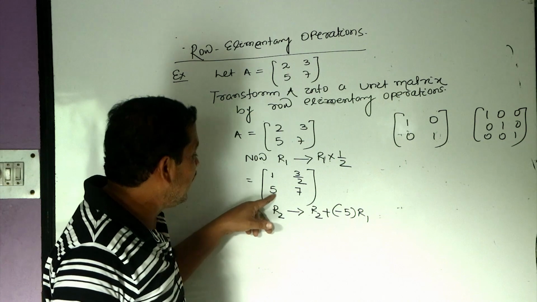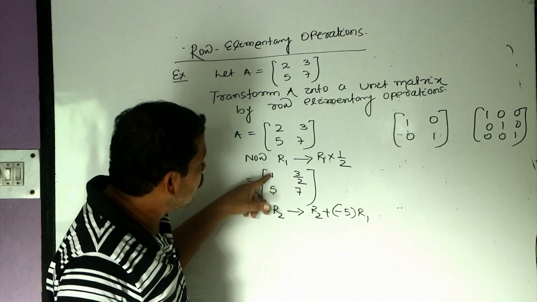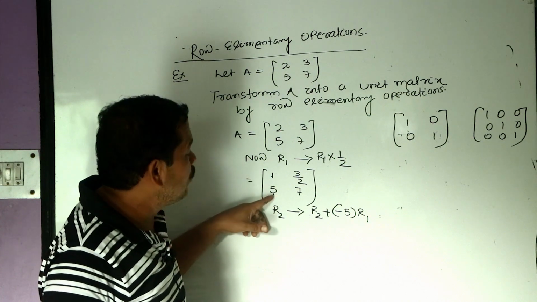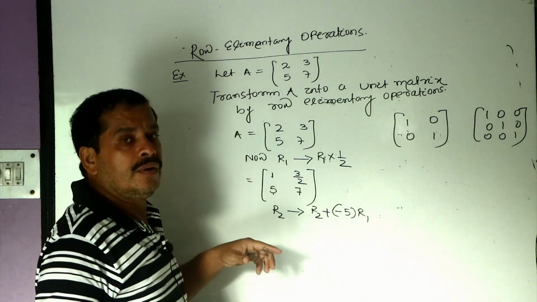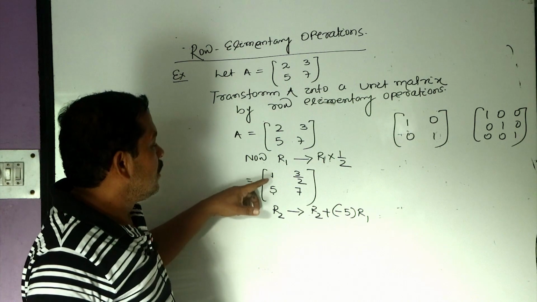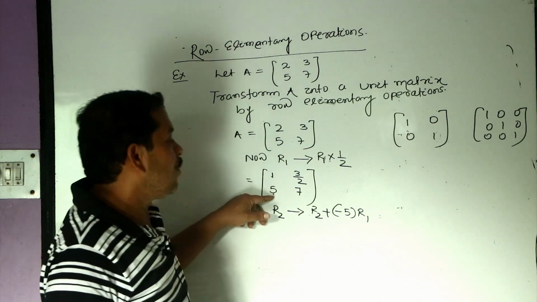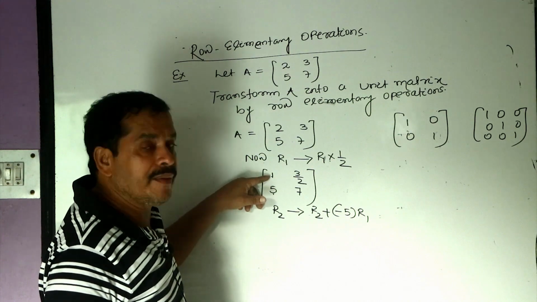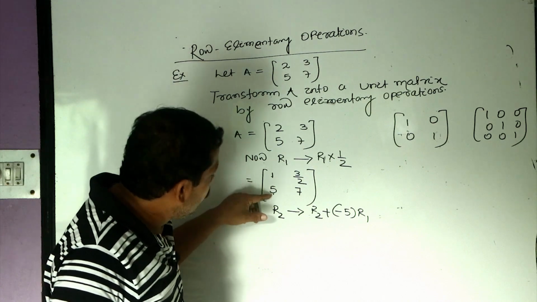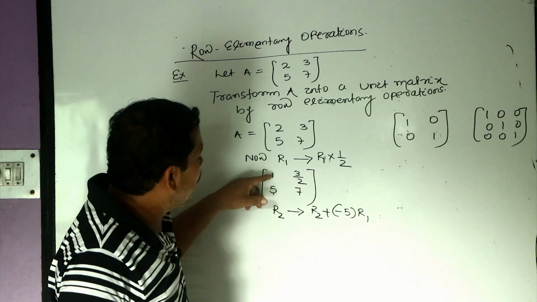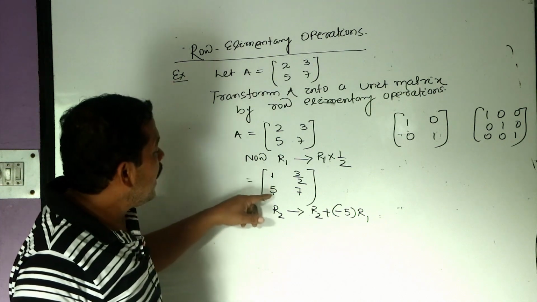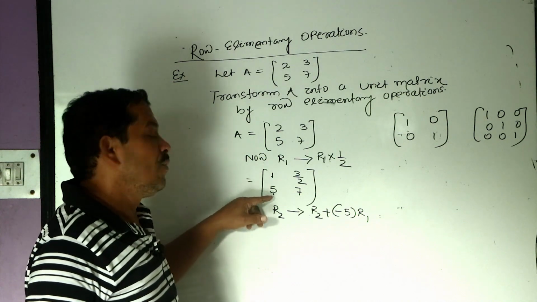If it were 3 here, then we would multiply minus 3 with row 1 and add with row 2. We multiply minus 5 with row 1 and add with row 2, then it will be 0.